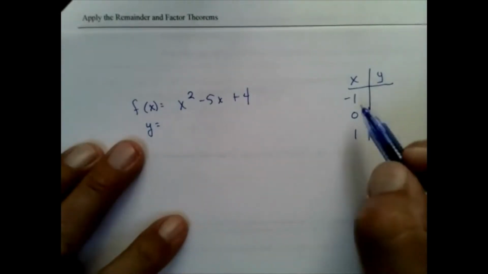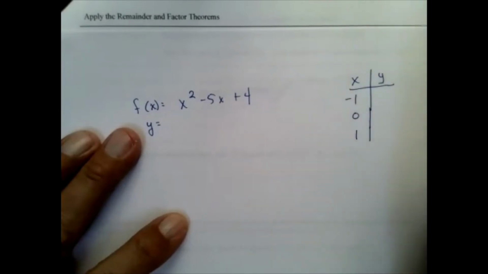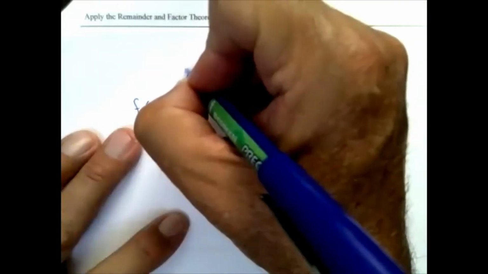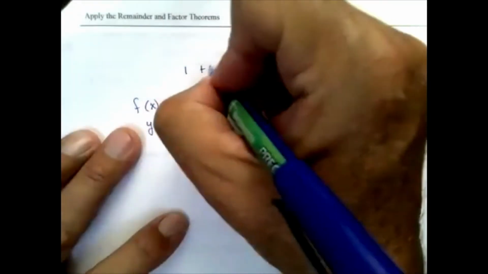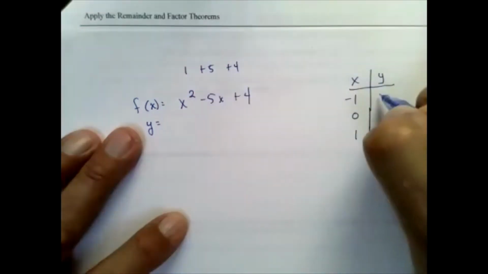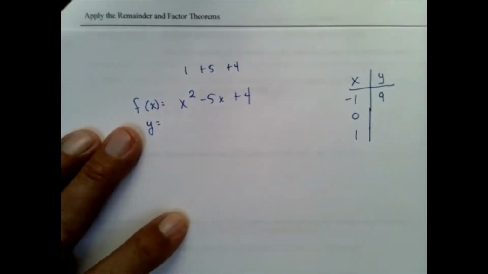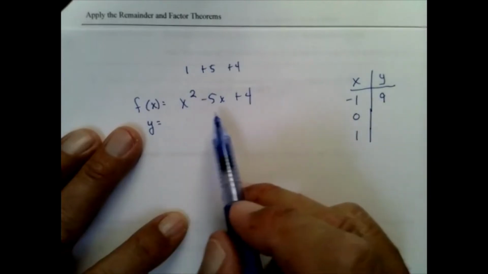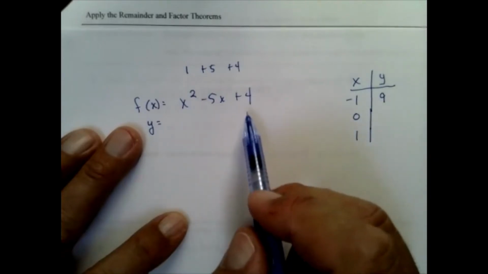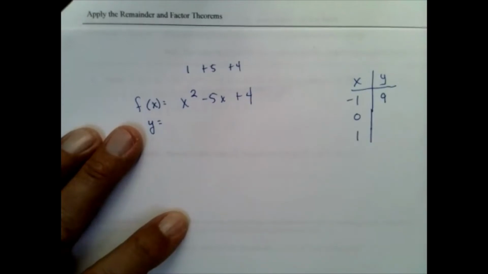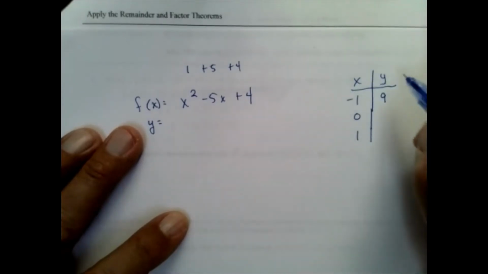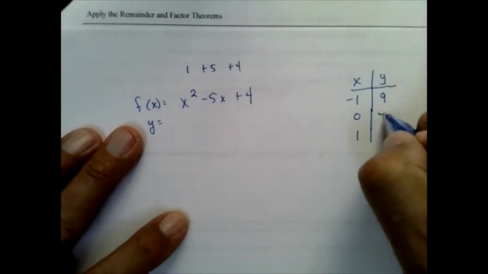If I plug in -1, looks like I'm going to get 1 plus 5 plus 4, which is 9. If I plug in 0, I get 4.